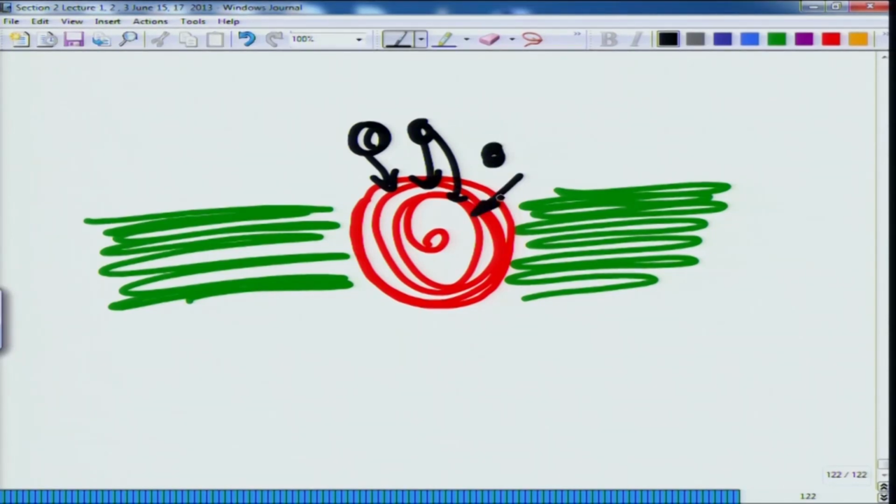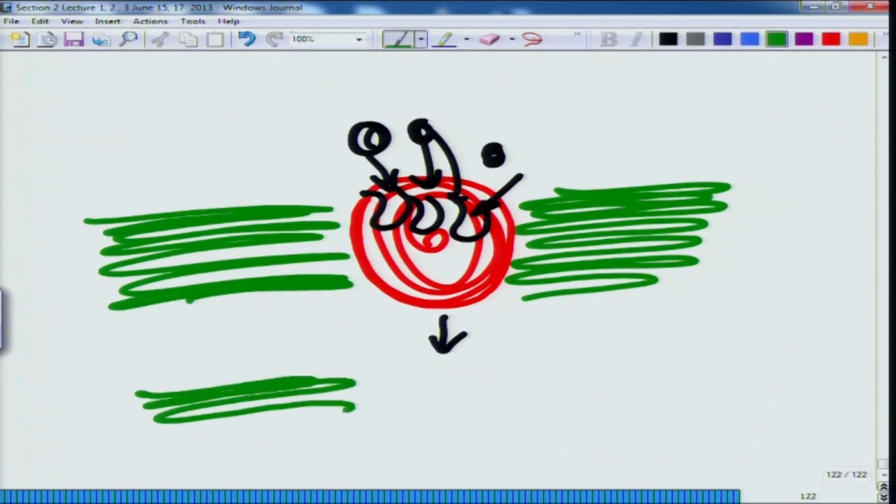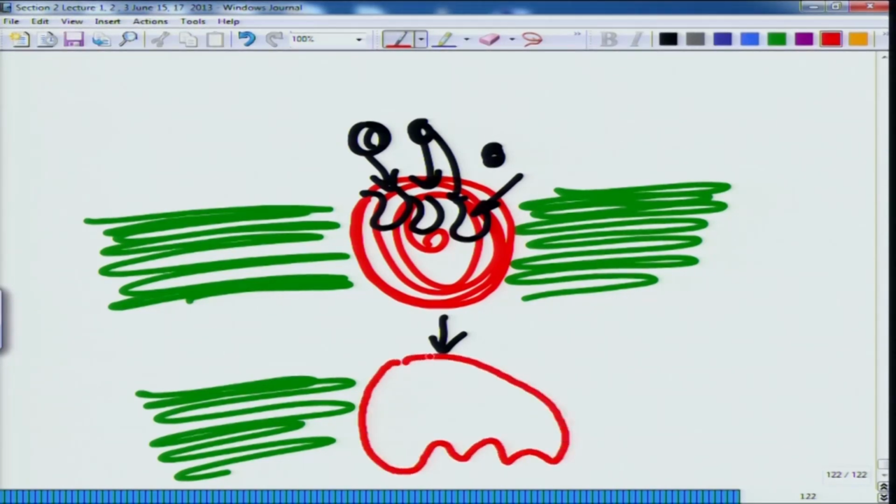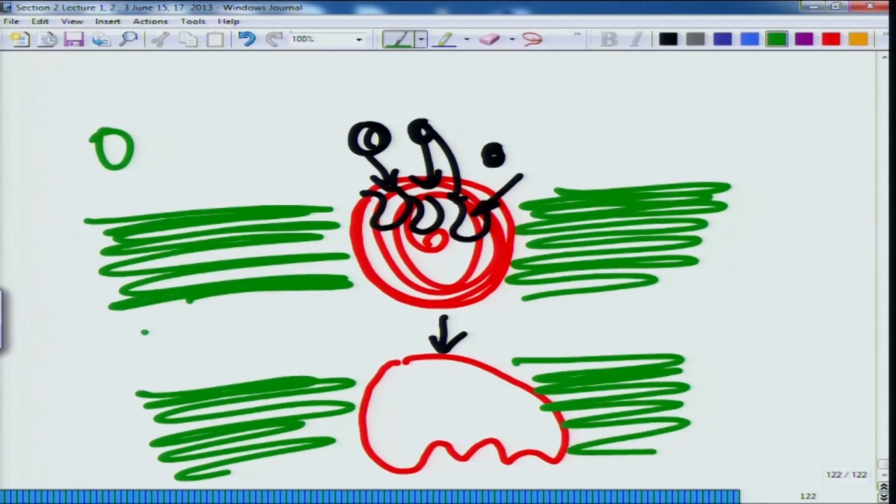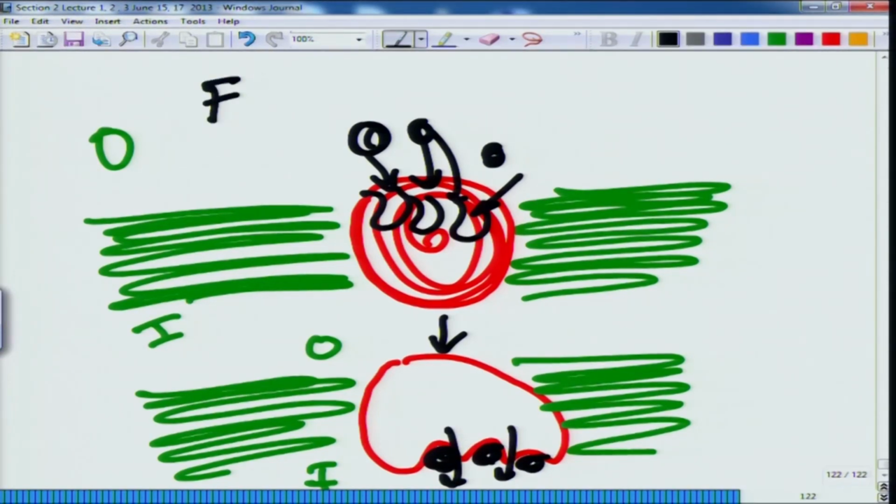Once they bind and adhere on this surface, this particular protein changes its conformation, and what you see next is this. This is outside and this is inside. Now, you have transported those molecules inside, which is facilitated by the protein.